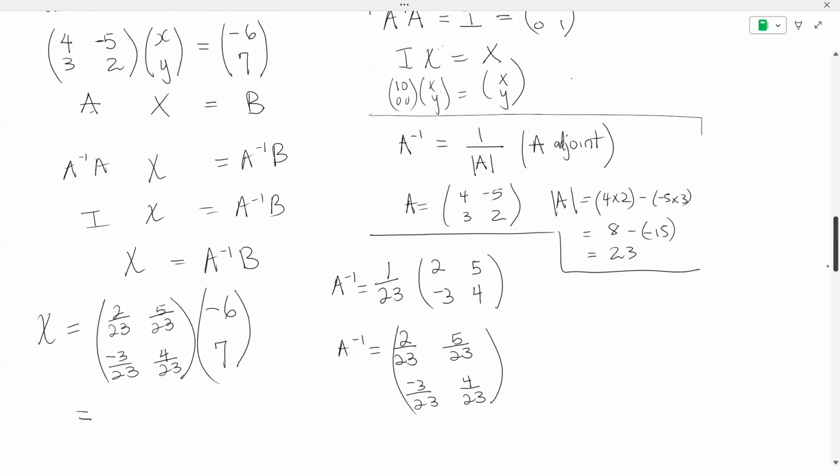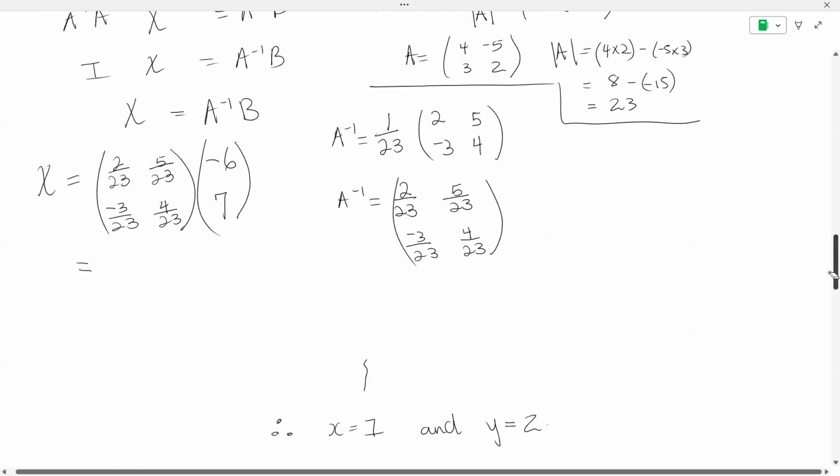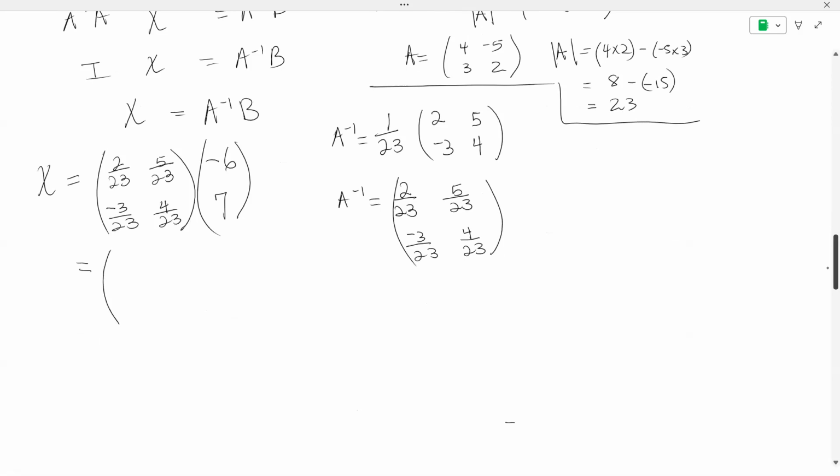So what we're going to do is multiply that out. Grab your calculators and start working with me. This is not something you want to try to work out in your head. So you're going to do open brackets 2 fraction 23 multiply by negative 6, close brackets, add open brackets 5 fraction 23 multiply by 7, close brackets, equals.